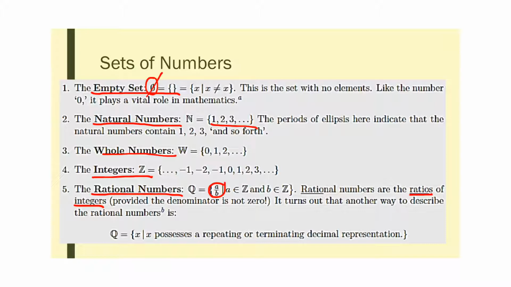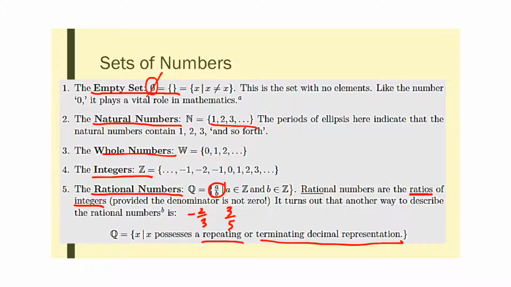Examples might be negative 2/3, 3/5, something like that. Another way to think about rational numbers is that they have a repeating or a terminating decimal representation. If you took any fraction and divided, you would get a decimal number, which would be either a repeating decimal.